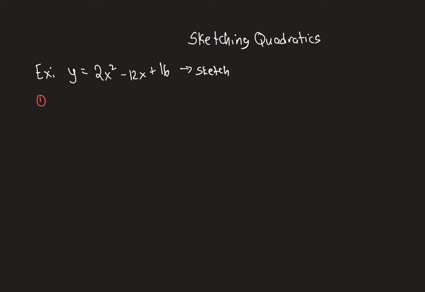The first thing would be the direction of your opening. Now, if you'll remember, direction of the opening comes from looking at your very first number, in this case, positive 2. Because it's positive, I know it's going up. And if it's going up, I'm dealing with a minimum.